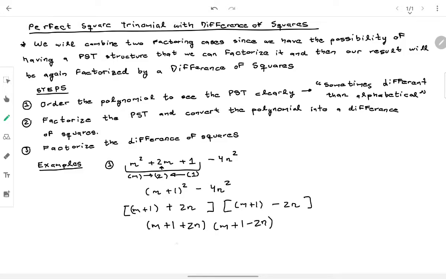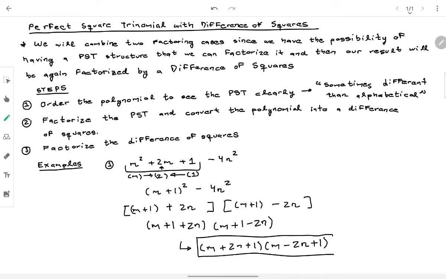And if I order it correctly, our answer is going to be m plus 2n plus 1, and finally m minus 2n plus 1. And that will be our final answer. So it's not a difficult topic. We need to look for the perfect square trinomial and then factorize it as a perfect square trinomial, and after that do the difference of squares.